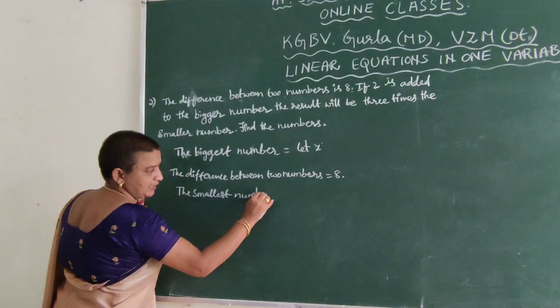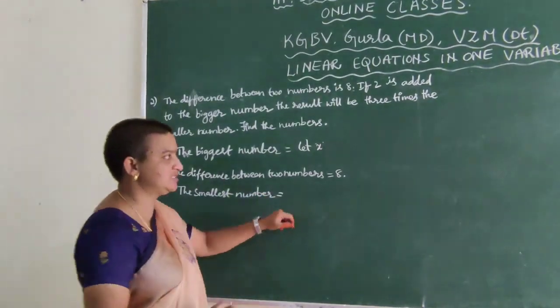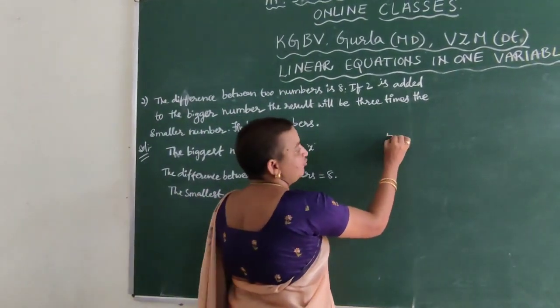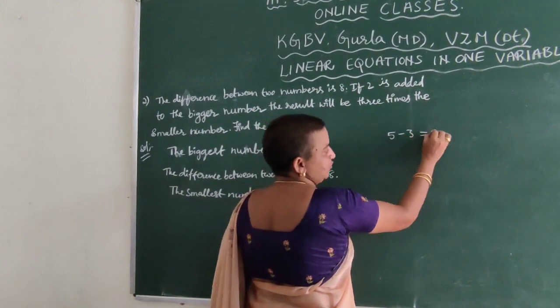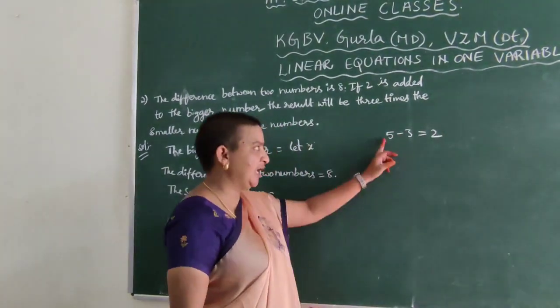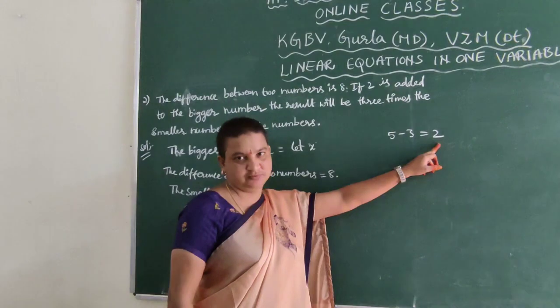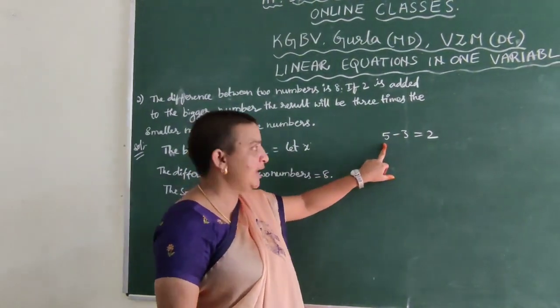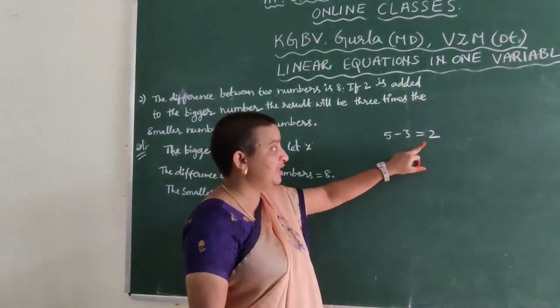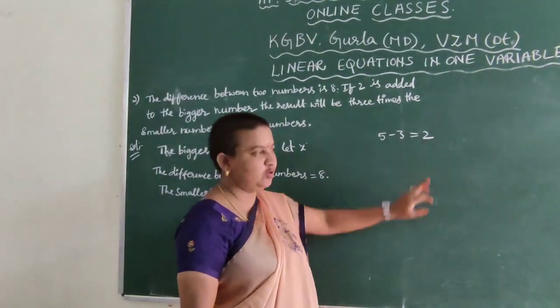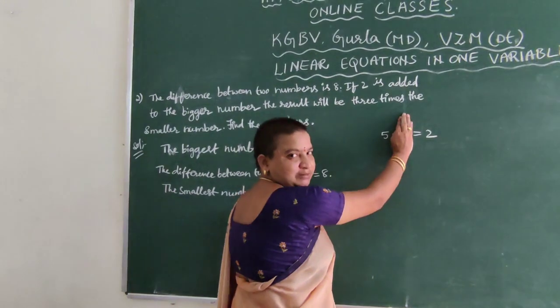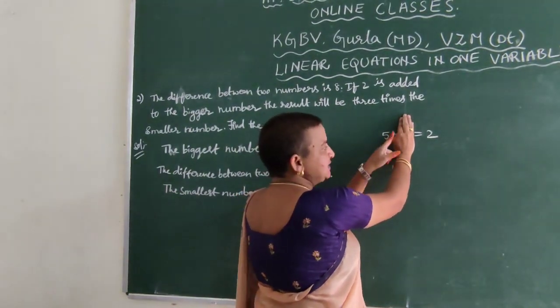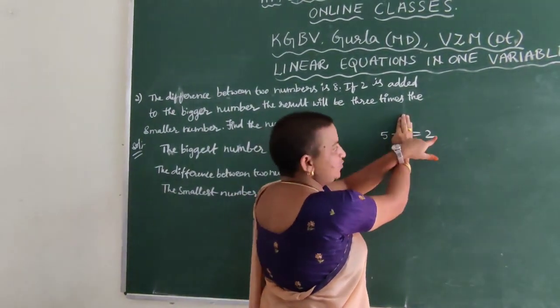Now the smallest number. How can we write it? Listen once. Suppose 5 minus 3 is equal to 2. Here 5 is the biggest number and 3 is the smallest number. The resulting answer is 2. We don't know the smallest number: 5 minus some number x is equal to 2.